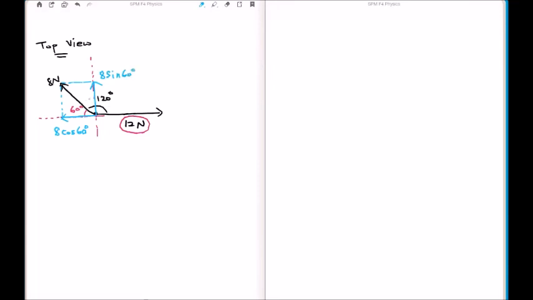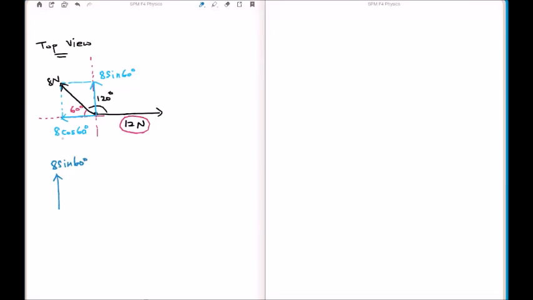Then it's quite straightforward now, because one is to the left, another to the right. All you need to do is find out whether the net force is to the left or to the right. So you need to redraw this diagram. Going up is, of course, 8 sine 60.